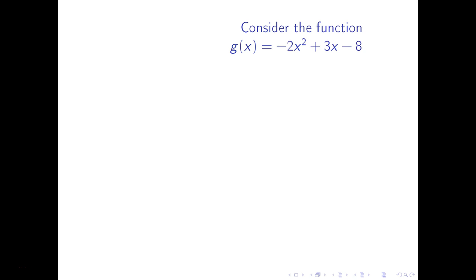g of x equals negative 2x squared plus 3x minus 8. So again, I want you to start off by finding g of 2. So pause the video, find g of 2. Welcome back. Hopefully you just substituted first. Notice, by the way, I'm just going to point something out real quick. I'm putting parentheses on every single one of these.